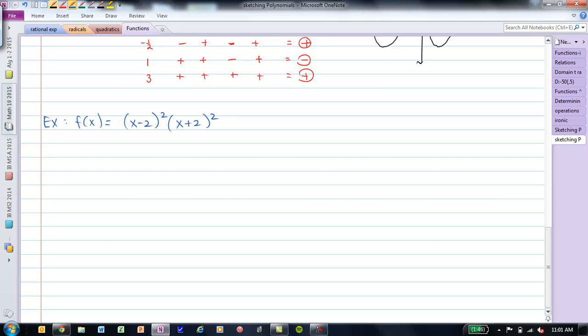The first thing we have to do is find the degree, and in this case we count the x's. So we have 1 x and 2 x's, but remember that they are both squared, so actually we have 4 x's altogether, so that means it's a degree of 4, which is even.